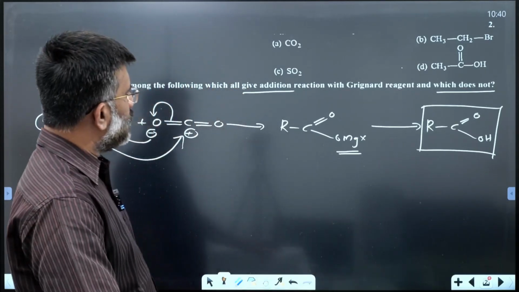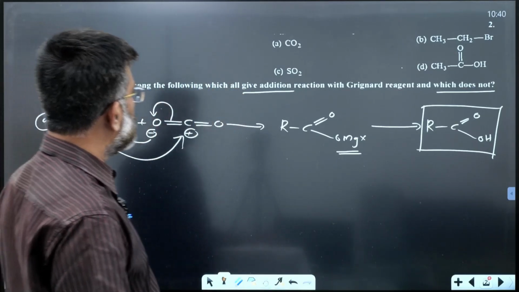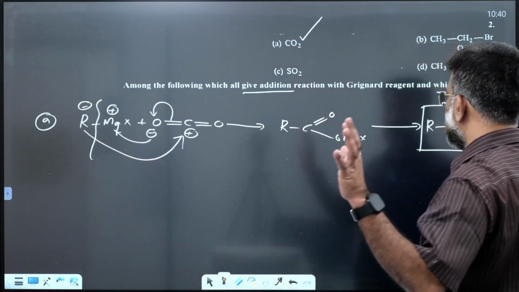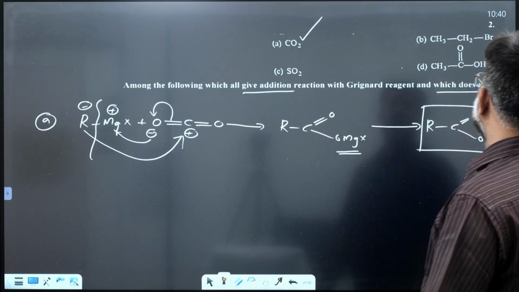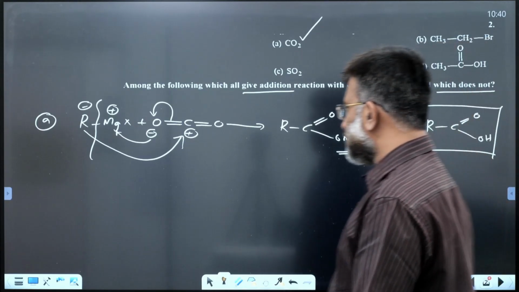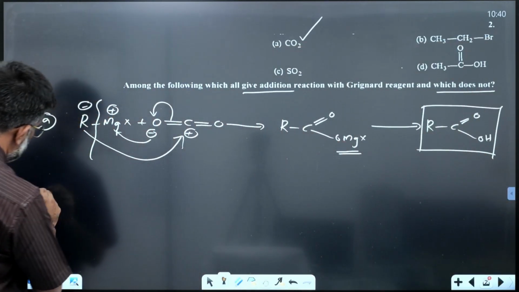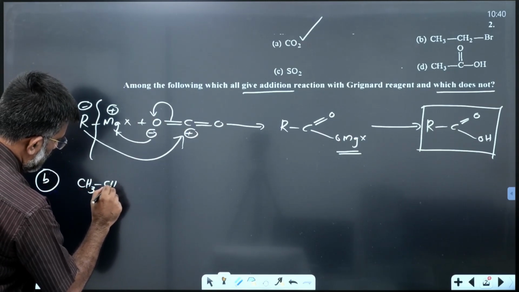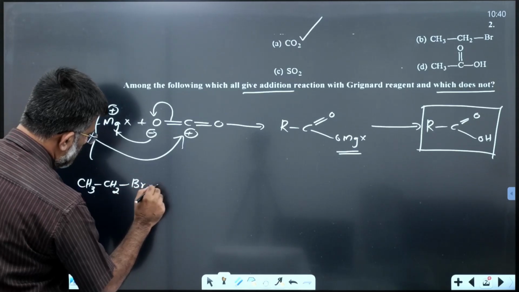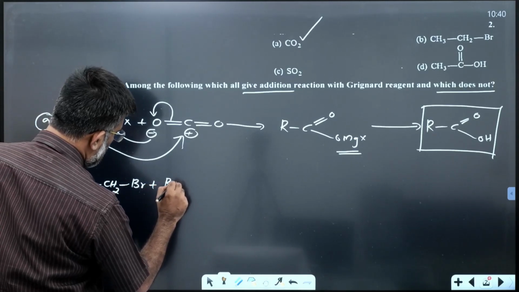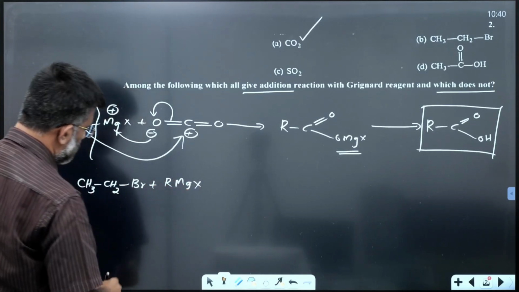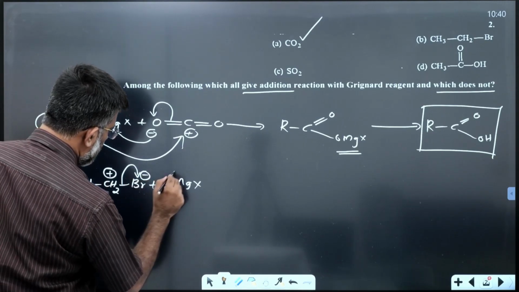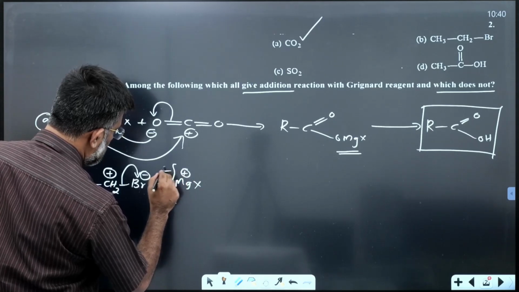What about option B? Option A will give addition reaction. Option B is CH3CH2Br with RMgX. You see, it will break as minus and plus, and it is breaking here as plus and minus.